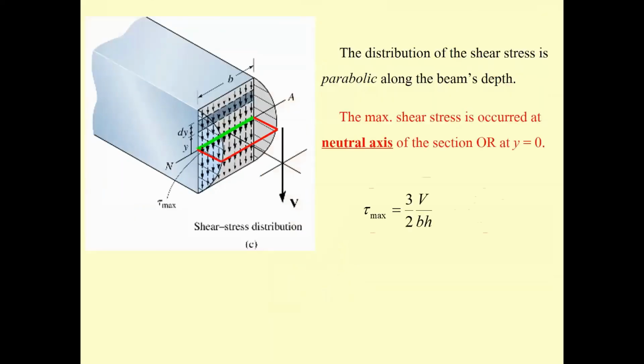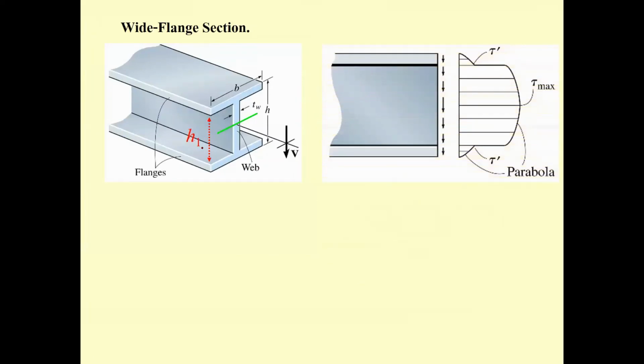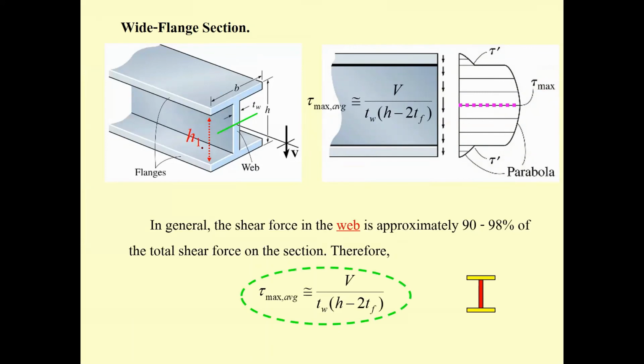And then I have this equation: tau max for the rectangular section, and also tau max for this section, is going to be calculated from V max divided by the area of the web, thinking about the web portion of the section. We are going to use this in the design of the section.